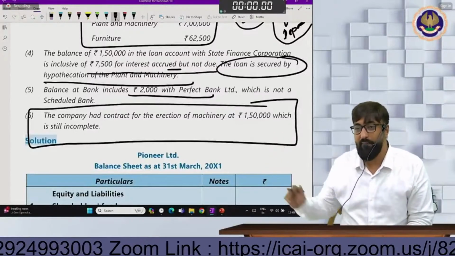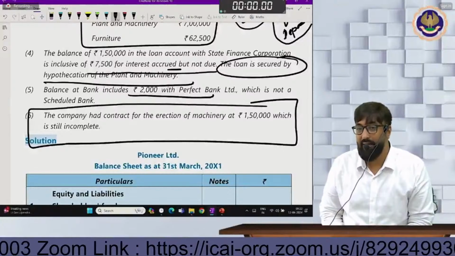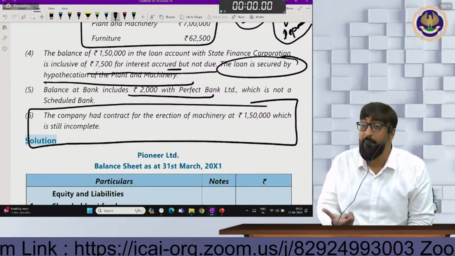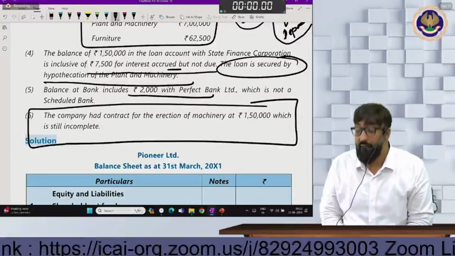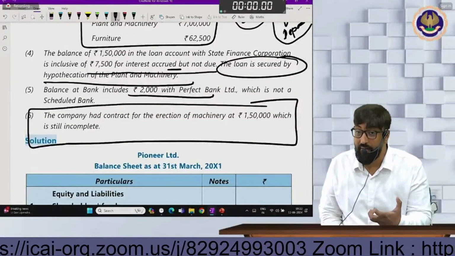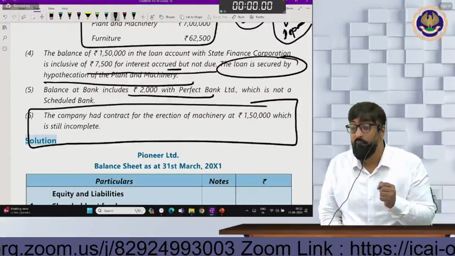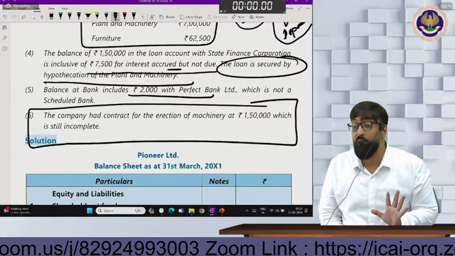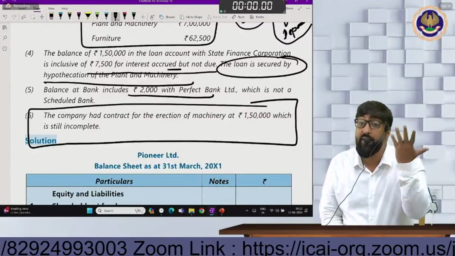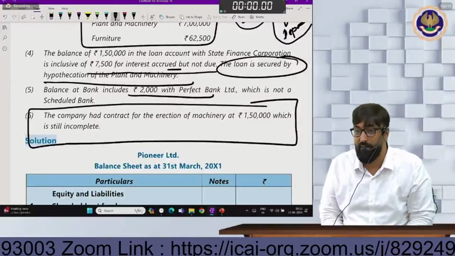Now 1,50,000, see, don't see the amount, but in real life, these contracts, if you break this contract, you have to pay heavy penalty. Therefore, you should present if we have not completed this contract till now to make the shareholder aware that there might be a contingent liability in future. There might be, if this contract is not fulfilled.